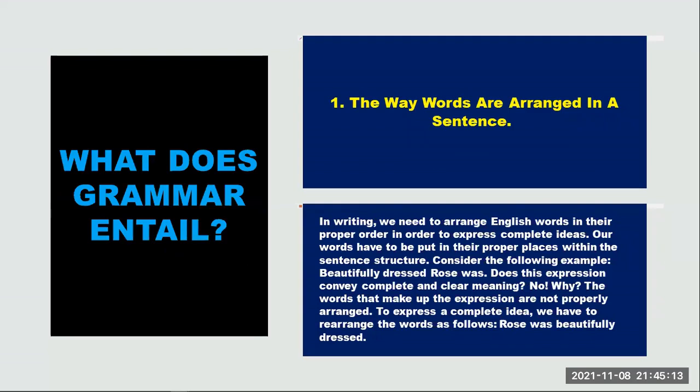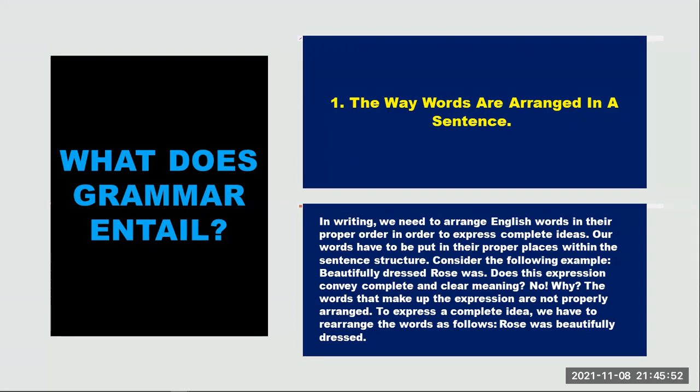Now, what does grammar entail? Number one, grammar entails the way words are arranged in a sentence. That's one of the things that grammar includes: the way words are arranged in a sentence. Now, in writing, we need to arrange English words in their proper order. And if we do not place them in their proper order, of course, we distort the meaning.